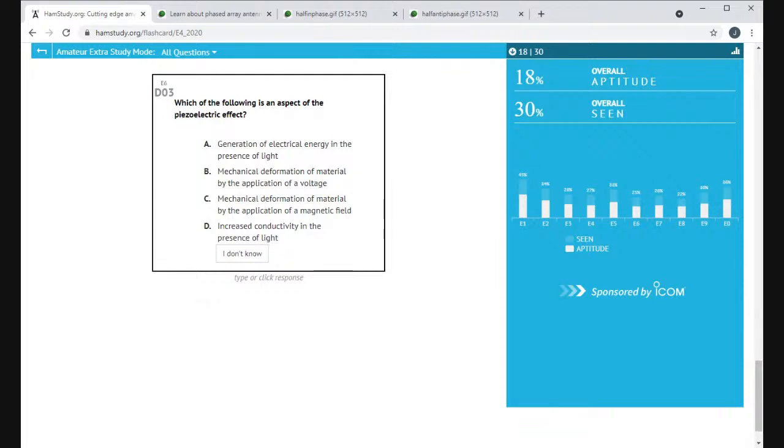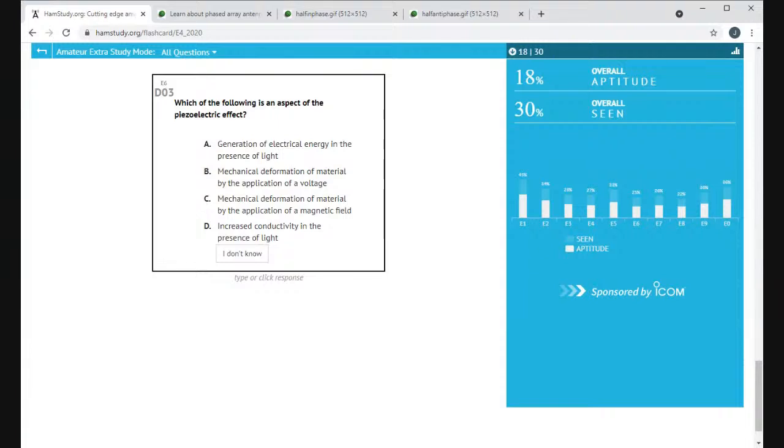Which of the following is an aspect of piezoelectric effect? A, generation of electrical energy in the presence of light. B, mechanical deformation of material by the application of voltage. C, mechanical deformation of material by the application of magnetic field.